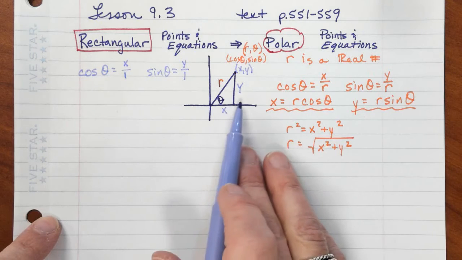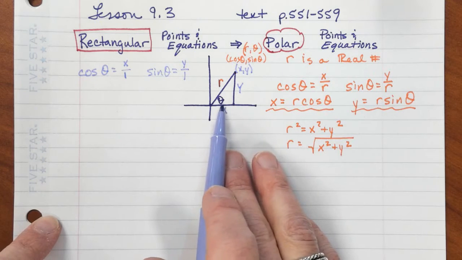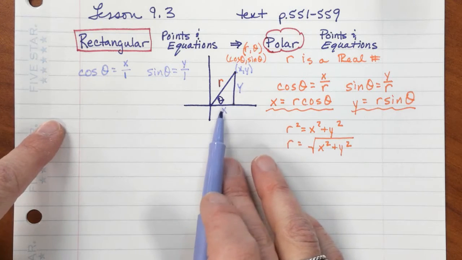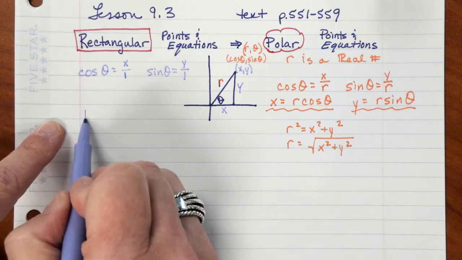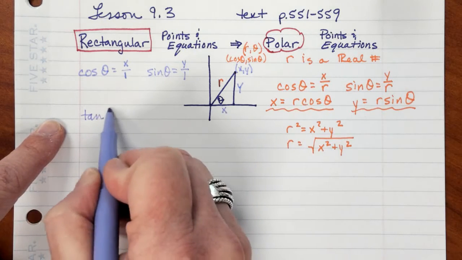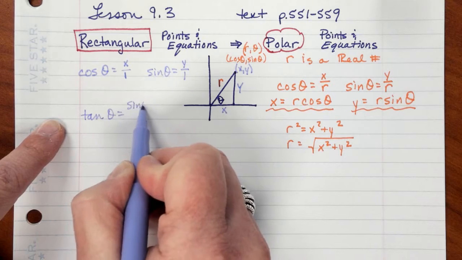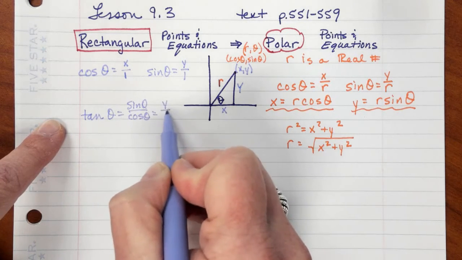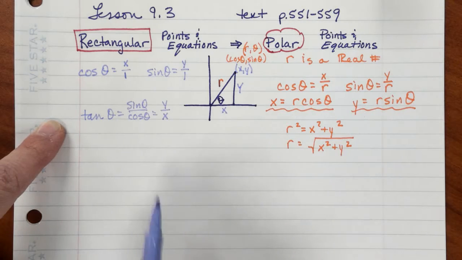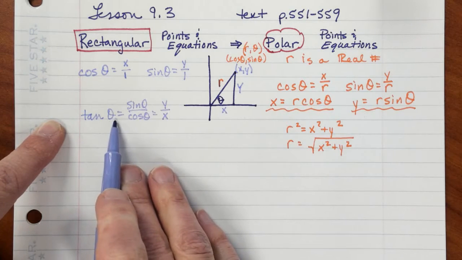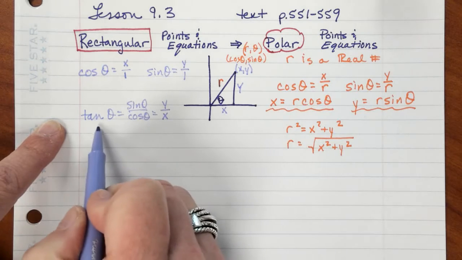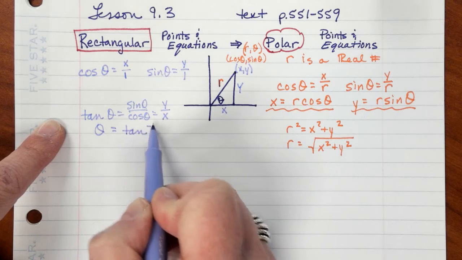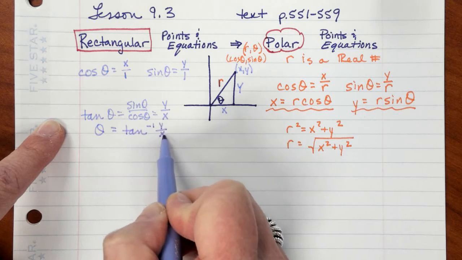Let's look at this triangle. Tangent of theta is sine over cosine, or y over x. If I want to find theta, I need to do the inverse tangent of y over x.